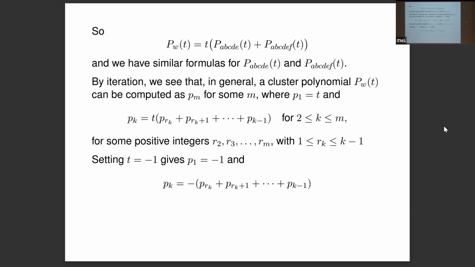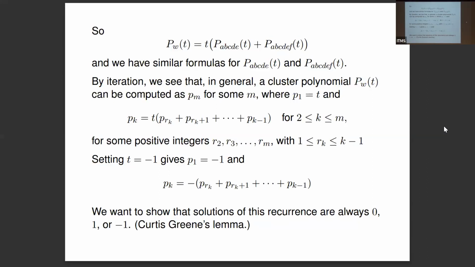And what I claim is that when you have a sequence that satisfies a recurrence of this sort, all of the values of the p sub k are 0, 1, or -1. And this was actually proved by Greene in a related result, which I'll talk about in a little while. The proof is very easy.